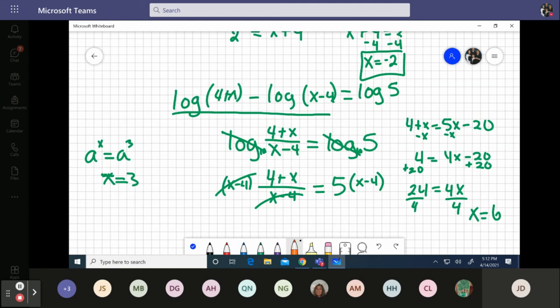And again, I'm saying x is 6. So if I put a 6 in there, then I have log of 10 minus log of 2.